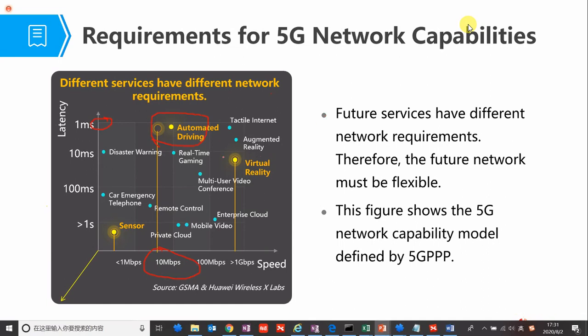And for virtual reality, these scenarios need a large bandwidth, maybe 1 Gbps, to support HD video and 3D video, and it also has a high latency requirement, it can reach 10 ms. If the latency is too large, it may make people uncomfortable.